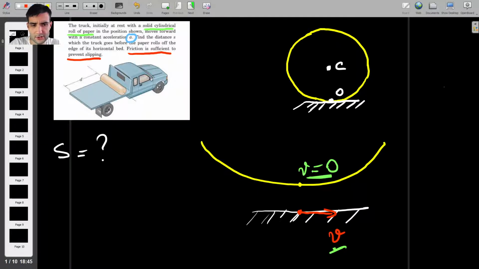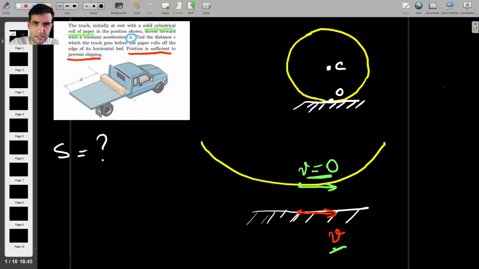So for slipping not to occur, the velocity of this point must be exactly equal to the velocity of the surface. This is what no slip means: whatever velocity the surface has is exactly the velocity of the outer edge of the cylinder in contact with the surface.